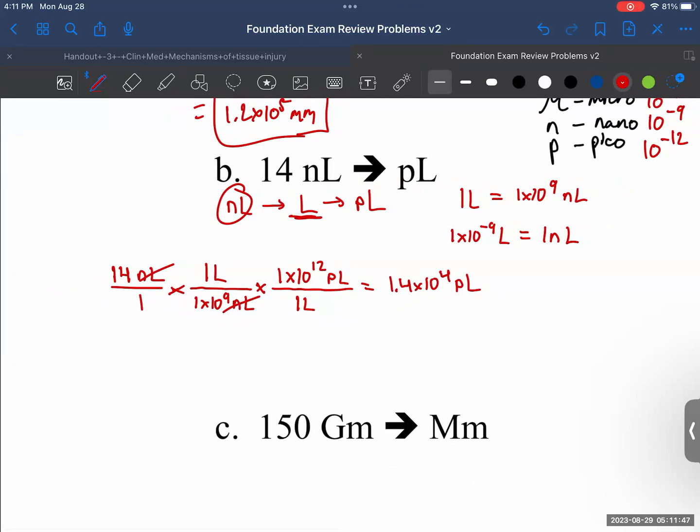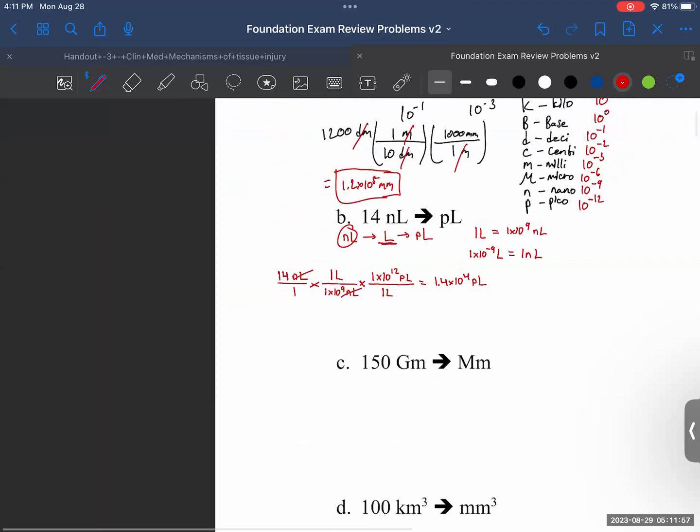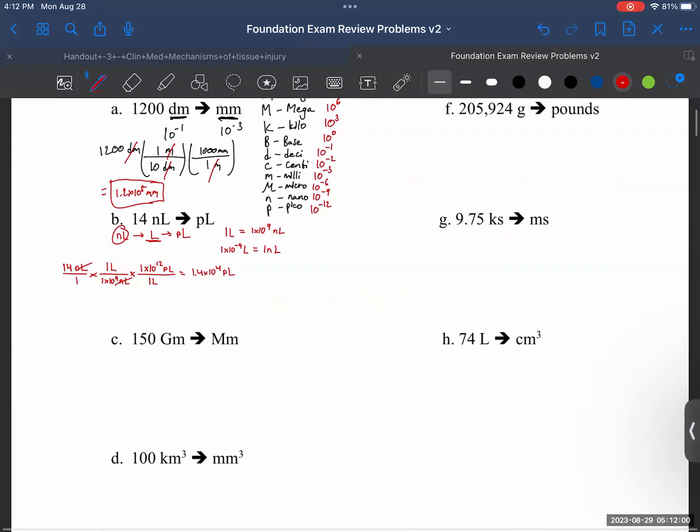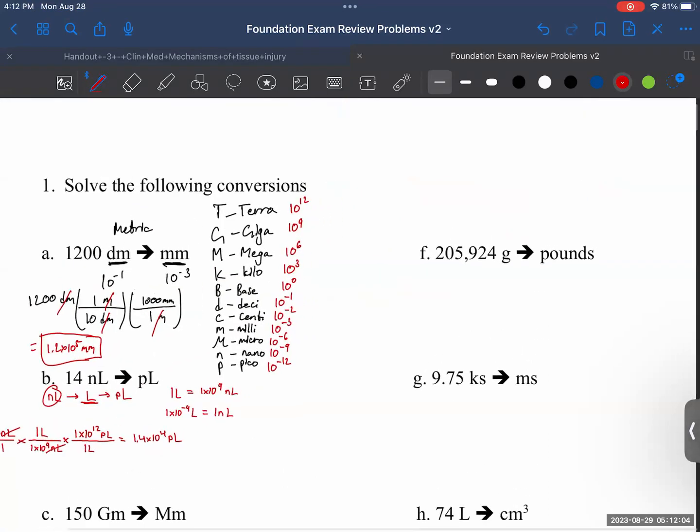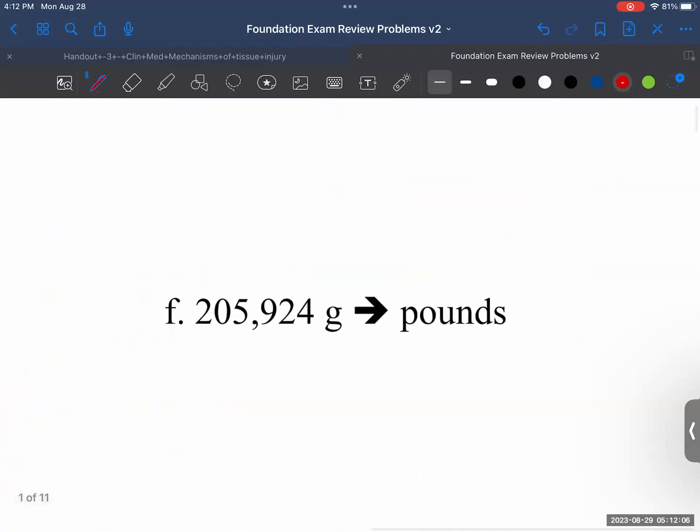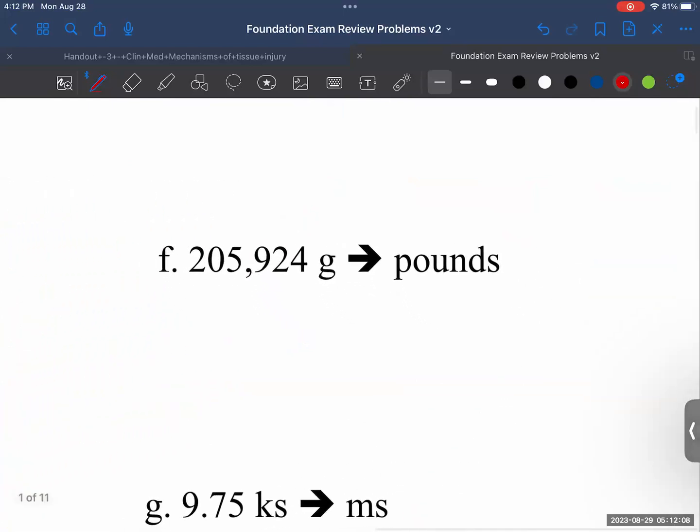Good? All right, so let's go to metric to English. How do y'all feel about those? Are those a little bit more confusing? All right, we'll go from metric to English, or vice versa. So we're going from grams to pounds.